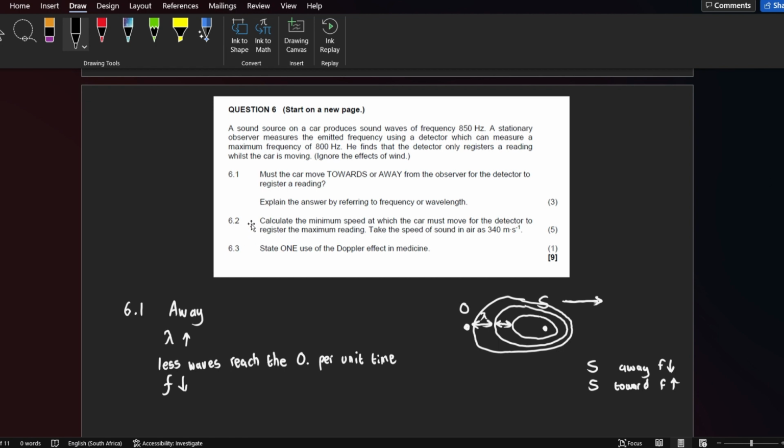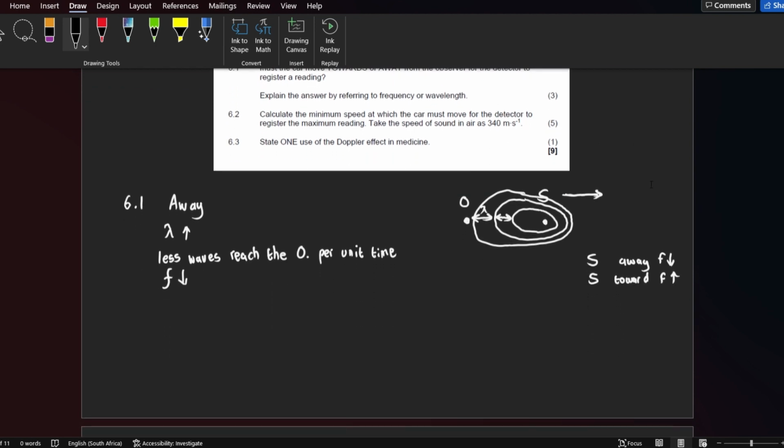Okay, looking at question 6.2, it asks us, calculate the minimum speed at which the car must move for the detector to register the maximum reading. And this is the maximum reading, 800 Hertz. Remember, that is the apparent frequency, and 850 is the frequency of the source. Take the speed of sound in air to be 340 meters per second.